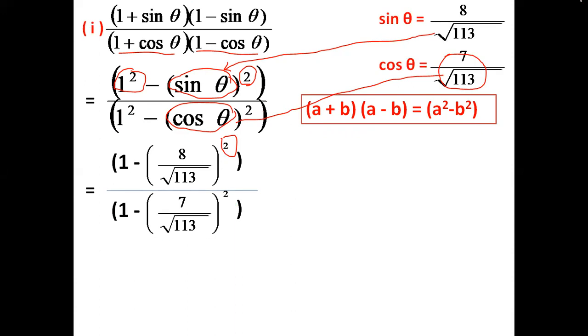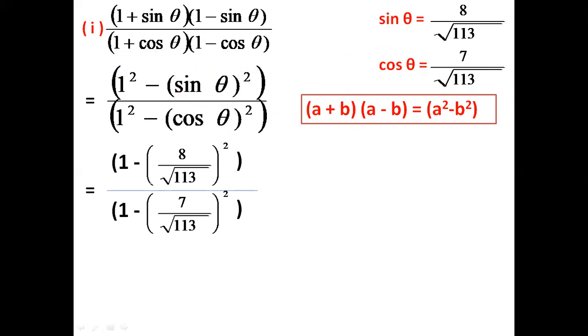Now in the next step, it is 1 minus, here this square is applied to numerator and denominator.